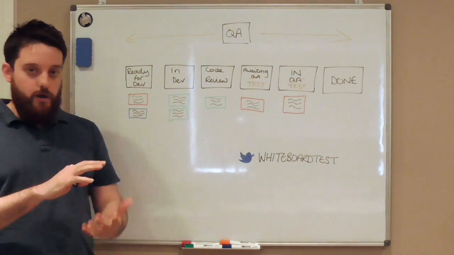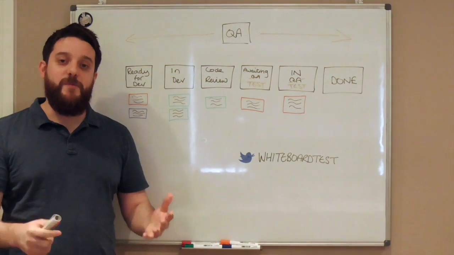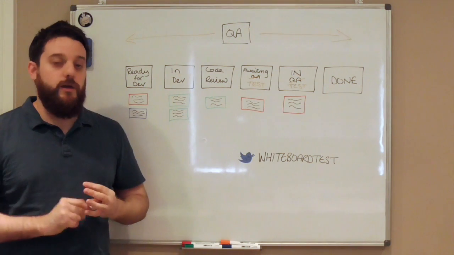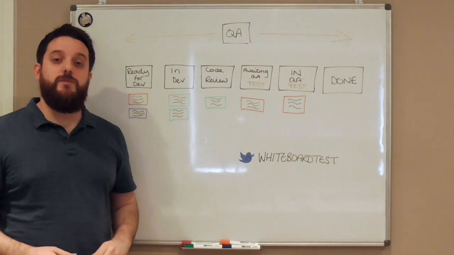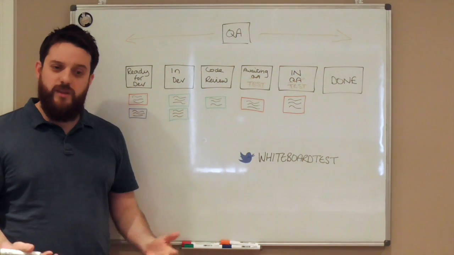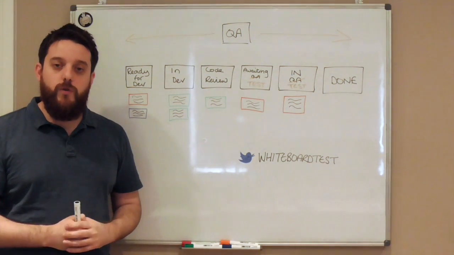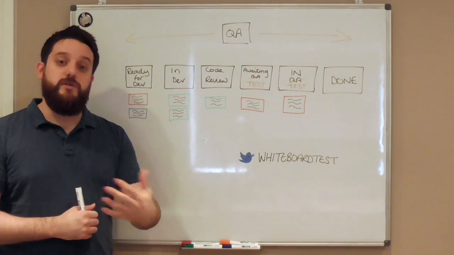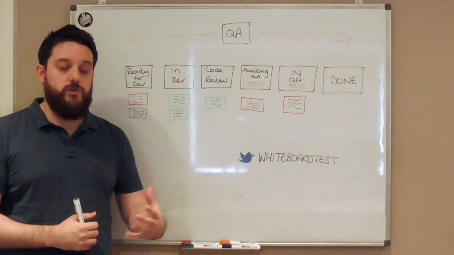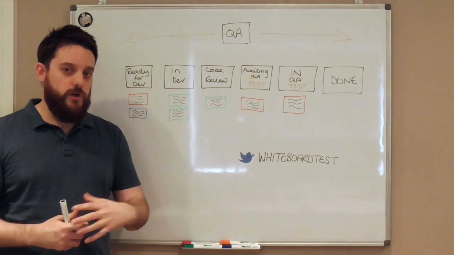I'm going to list a lot of references at the bottom of this video, because a lot of people have had this discussion about QA. But if you do have QA in your title and you're using it to mean quality assurance, I don't believe you can assure quality. You can do your best to test, get as much information as you can, present it to everyone as best as you can, use visualization techniques, but you're not assuring quality.